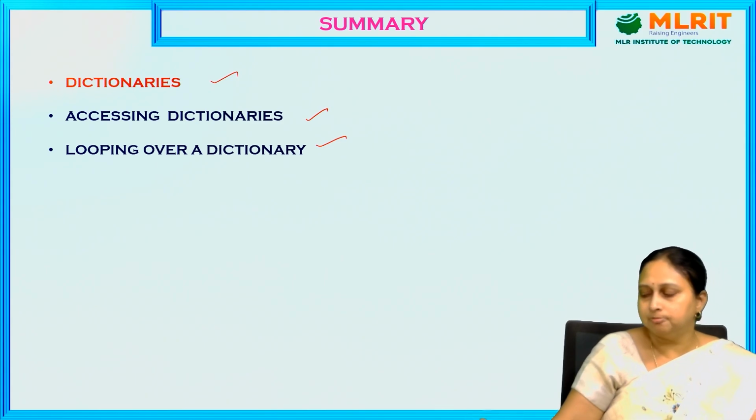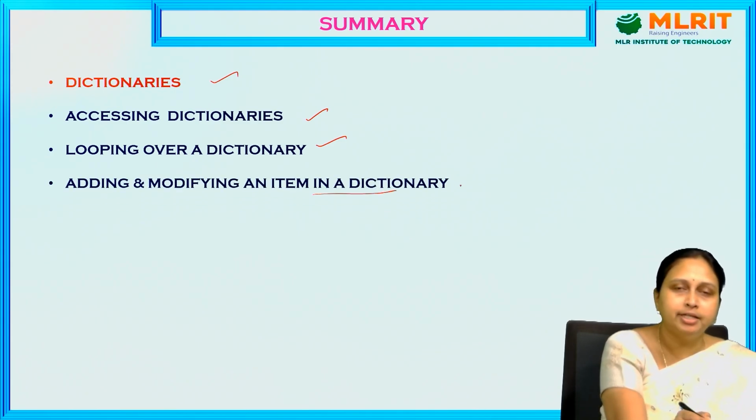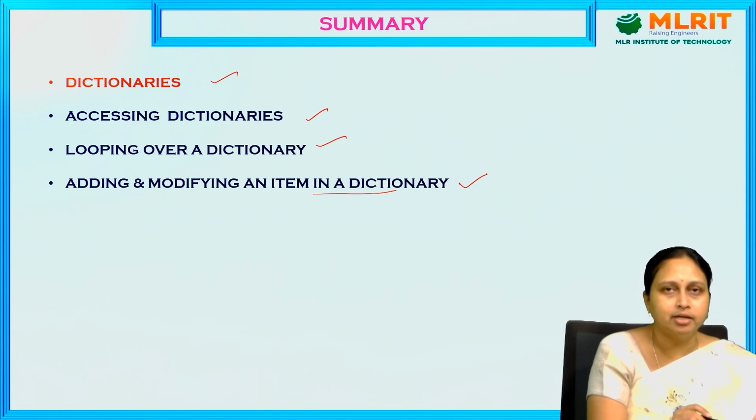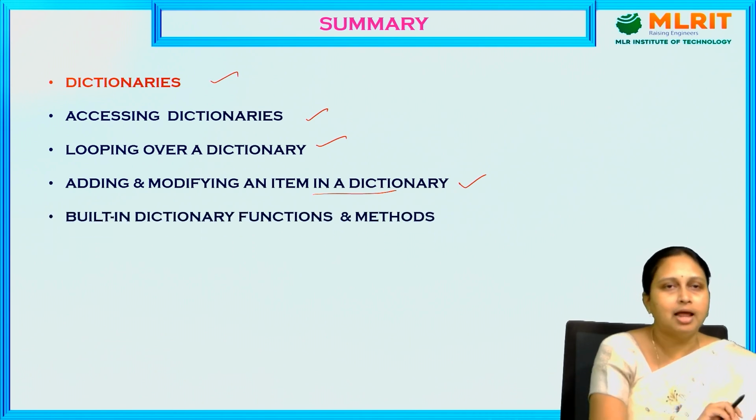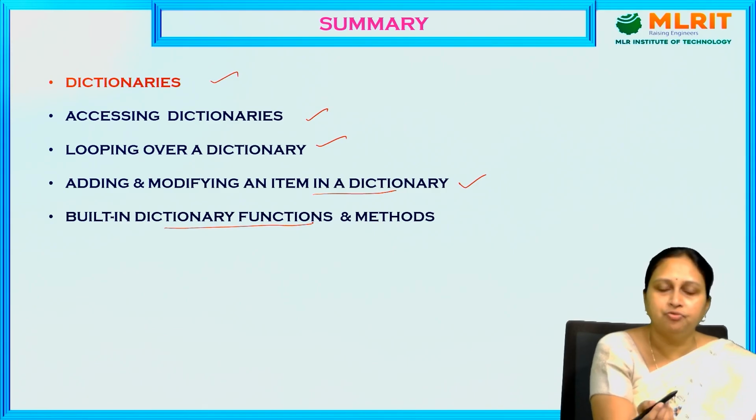Adding and modifying an item in a dictionary was also covered. We assign a value to a key; if that key is not present, it will be added, and if it is present, it will be updated, that is, modified. And the last thing we have seen is a few built-in dictionary functions and methods, right?